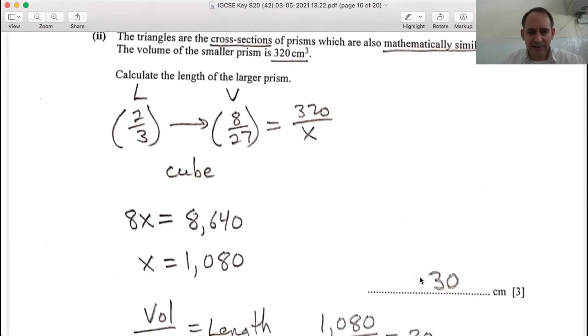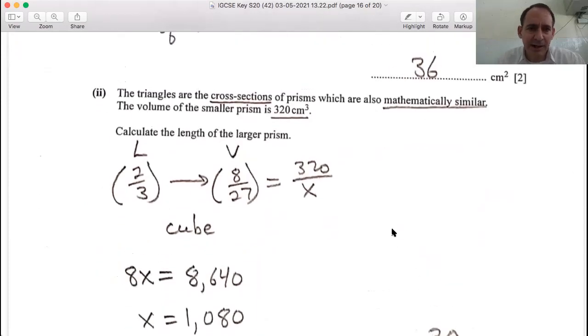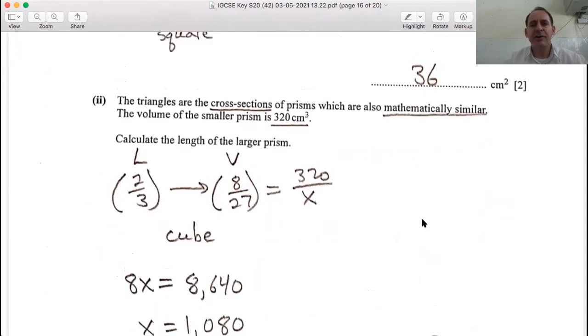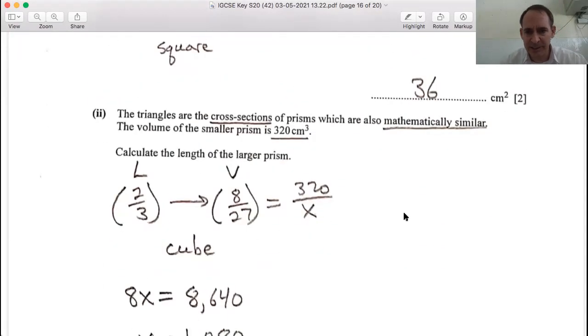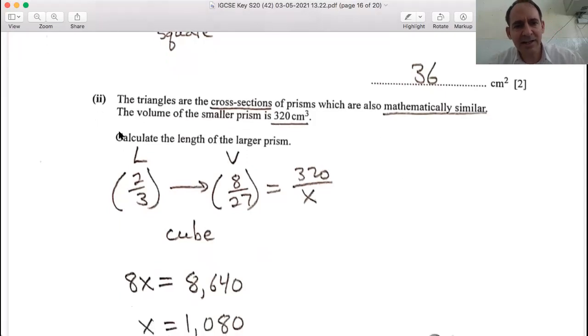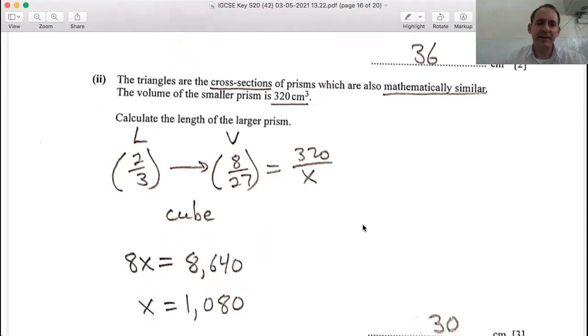Now it says here, the triangles are the cross sections of prisms. So now our little flat 2-dimensional objects are now becoming 3-dimensional objects. They're still mathematically similar. Now it takes us to volume. Volume is 320. Calculate the length of the larger prism.